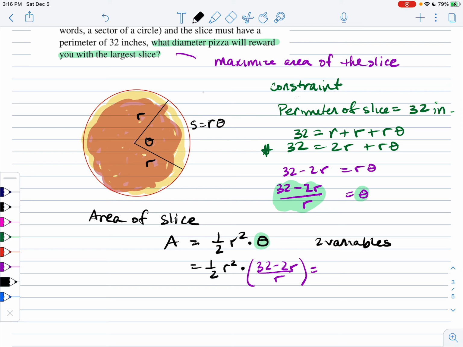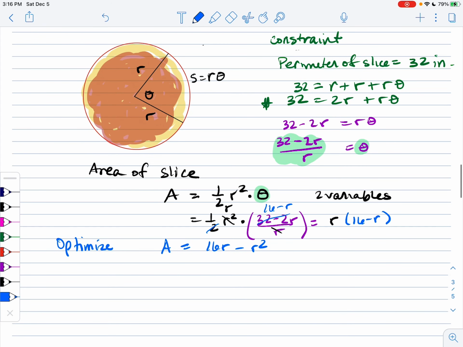I know that I can cancel 1 r with these r's to leave 1 r, and I can factor out a 2 on the 32 minus 2r, and the 2 cancels with the 1/2 to leave 16 minus r. Right, so I have my A here is 16r minus r squared, and now we want to optimize, find the maximum.